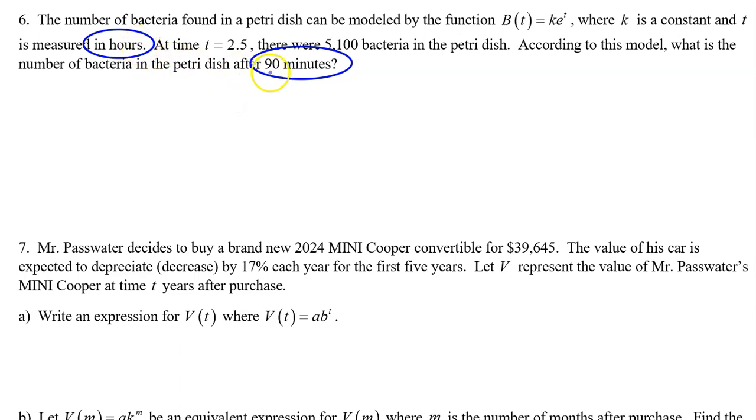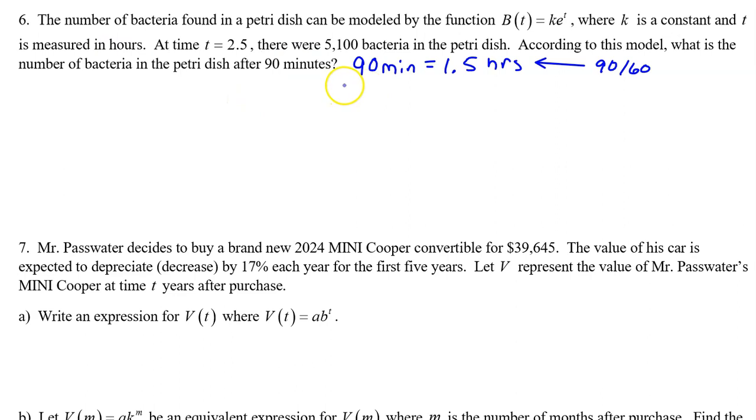Be so careful right now. We are being asked about 90 minutes, but t is measured in hours, so we have to do some conversion. Specifically, 90 minutes equals 1.5 hours. That's 90 divided by 60. This is the value we will use.